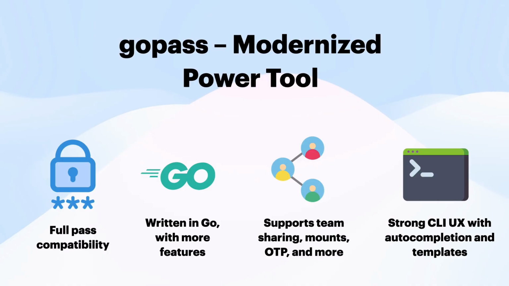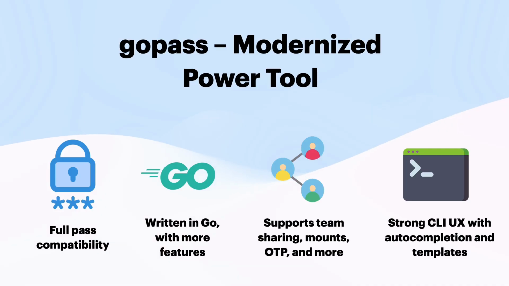Next, let's take a look at GoPass, an enhanced alternative to Pass. It's fully compatible with Pass, so if you're already using it, migrating to GoPass will be a smooth experience. It also supports more advanced features, such as team sharing, mounts for organizing multiple vaults, and OTP support for two-factor authentication codes.